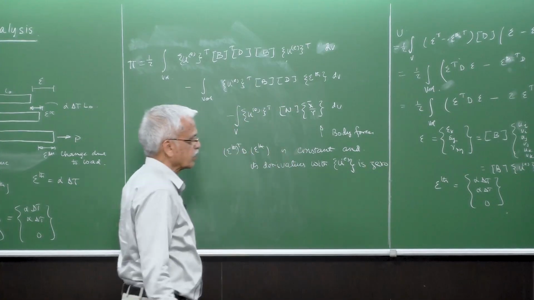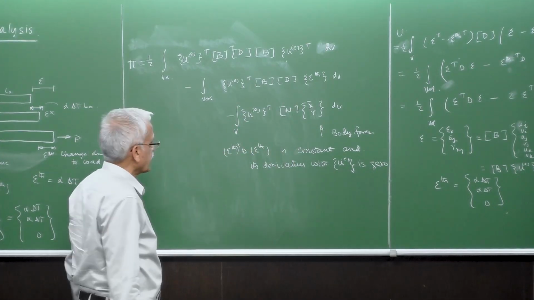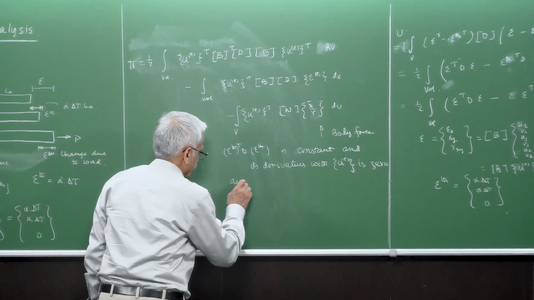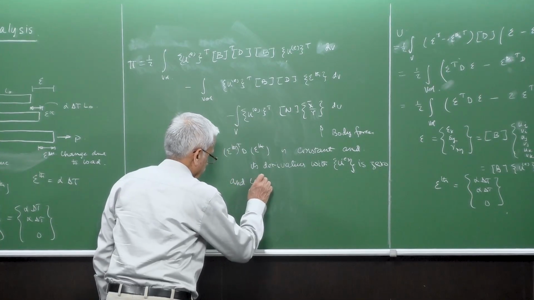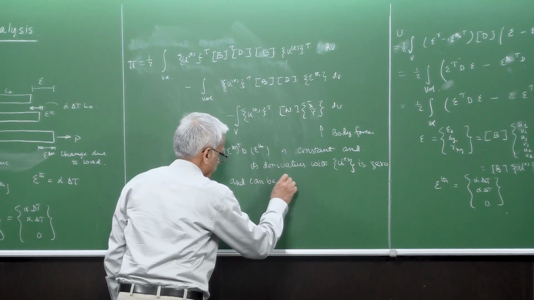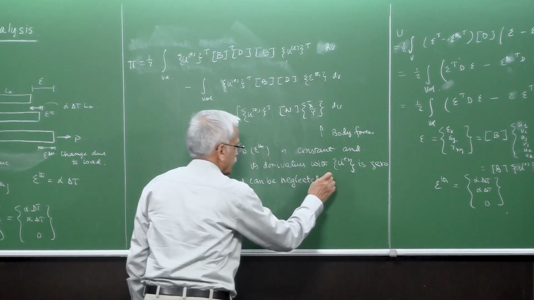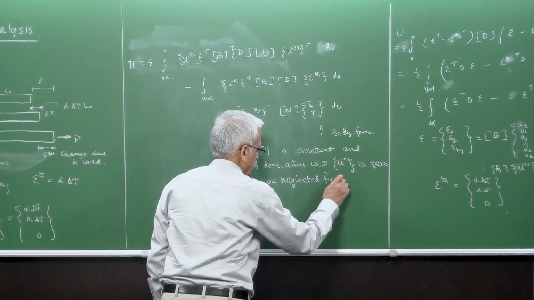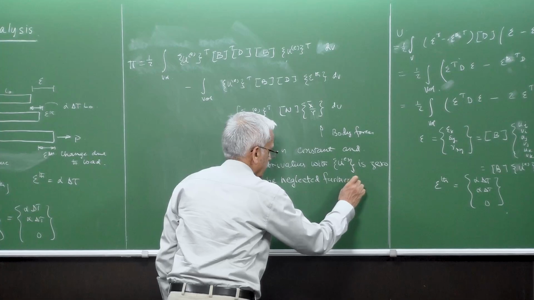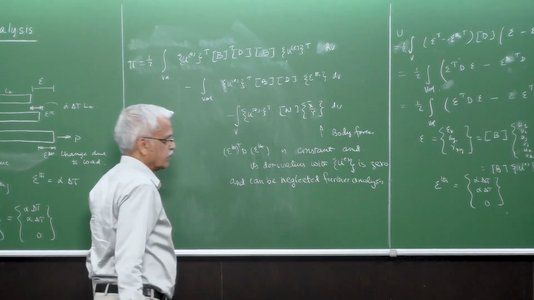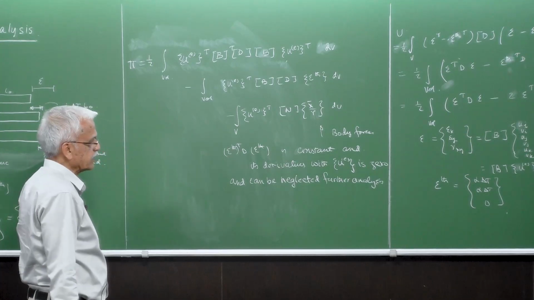Right? So this is what I said. So since this is a constant, it can be neglected for further analysis. So for the further analysis, we are going to neglect this term.